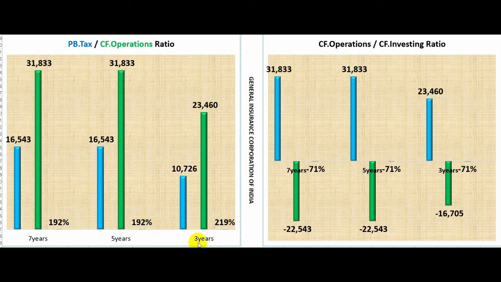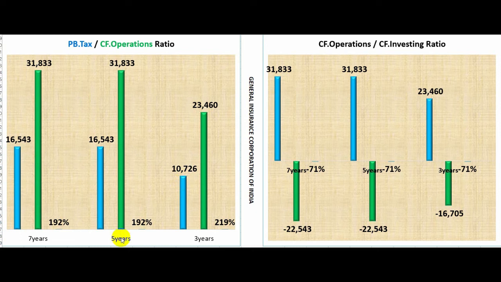In the last 3 years, the company has declared a total profit before tax of 10,726 crores. Against that, the company has received cash of 23,460 crores. So this is a very good cash receivable against the profit declared. That's 219% more cash coming in against the profit declared.